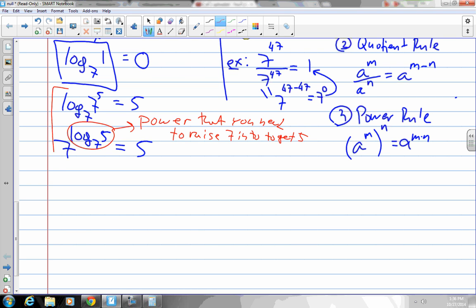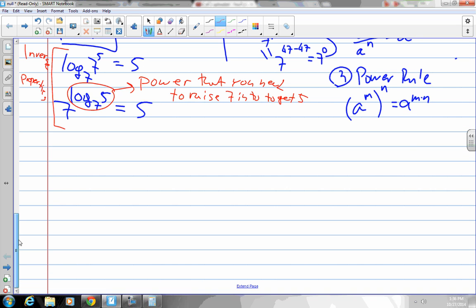Now, there is a special name for this too. We're going to have them as properties. These are called inverse properties. Because look, if I have these two functions, f of x equals a to the power x, and g of x equals log base a of x.